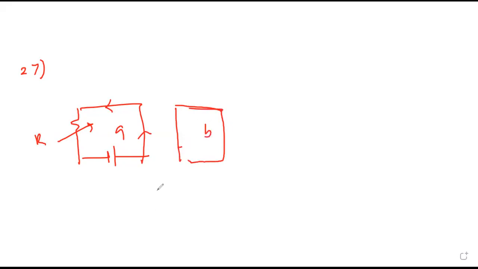B. Is decreased, what will be the direction of induced current in circuit B?